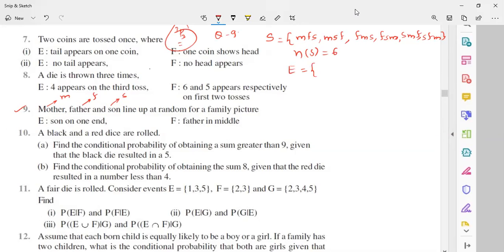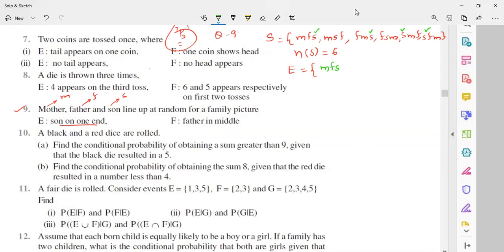Now event E, where the son is on one end. Where is S on one end? Sun is on one end here, right side. Here also one end, here also one end, here also one end. There are 4 cases when the son is on one end.